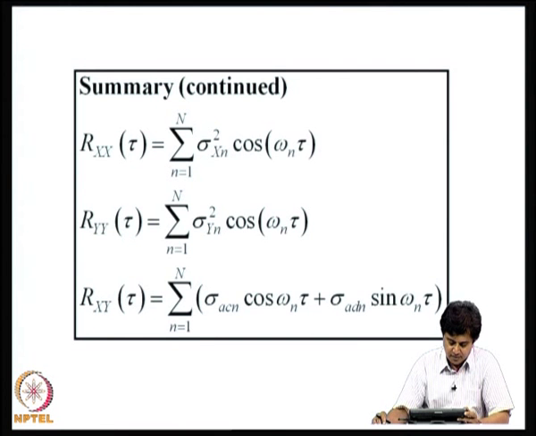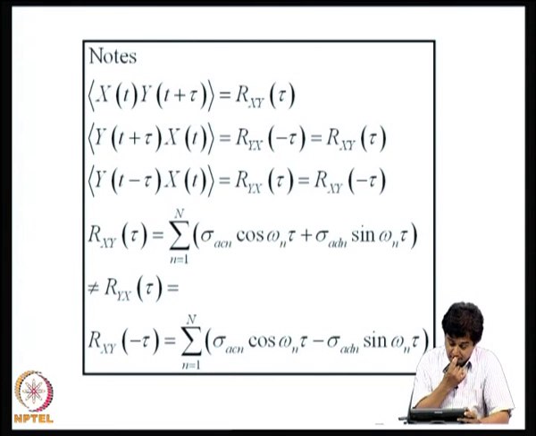So, after that we get expressions for Rxx, Ryy, Rxy, which is quite satisfactory. Some more notes: expected value of x of t into y of t plus tau is Rxy of tau, and expected value of y of t plus tau into x of t is Ryx of minus tau, which is same as Rxy of tau. Now, if you consider expected value of y of t minus tau into x of t, which is Ryx of tau, this is same as Rxy of minus tau. So, all this you can verify.